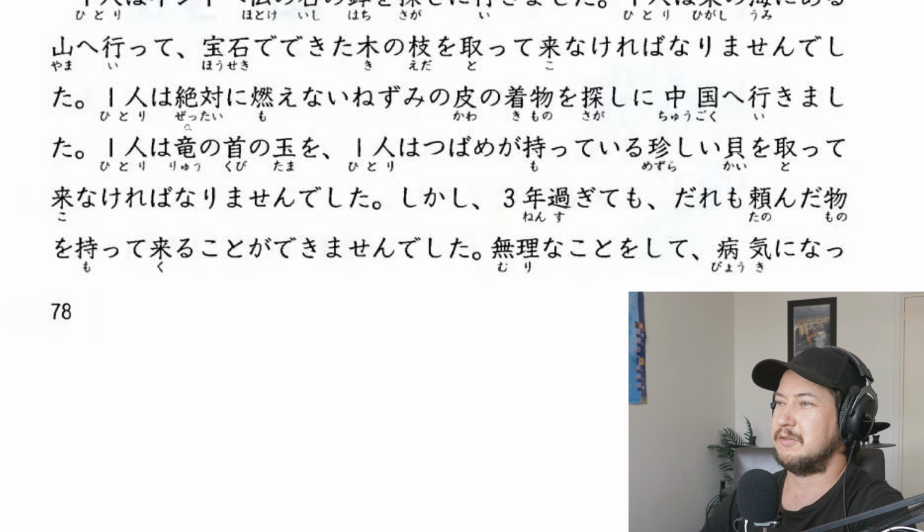一人は, so the third guy, what did he do? 絶対に燃えないネズミの皮の着物を探しに中国へ行きました.